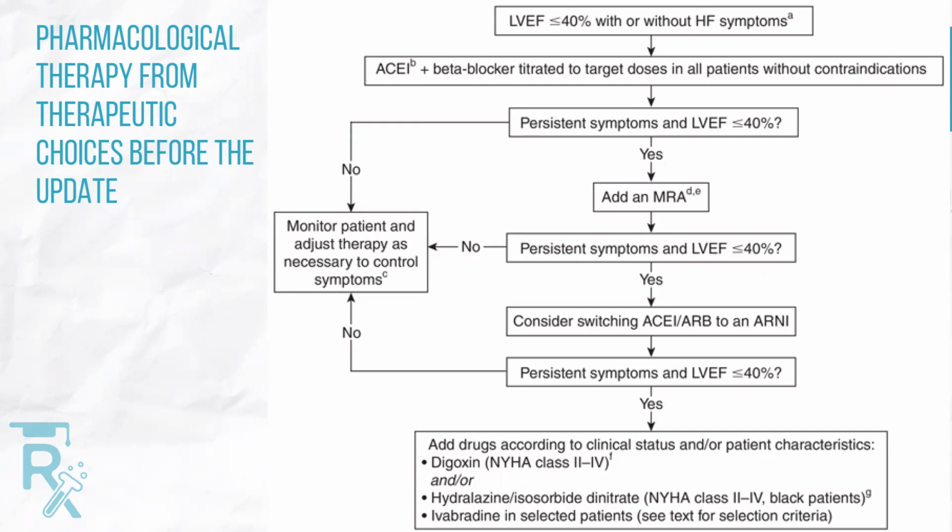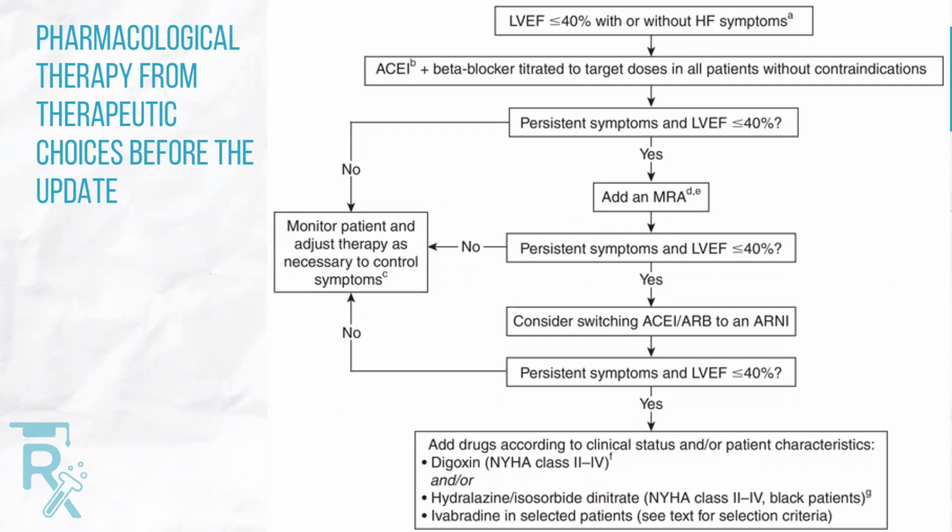A patient who has heart failure with left ventricular ejection fraction of 40 or less, I will start him on ACE inhibitor or ARB plus beta blocker at a low dose. Then I will start to increase the dose slowly. If no response, I will add the MRA. If the patient is controlled, totally fine.